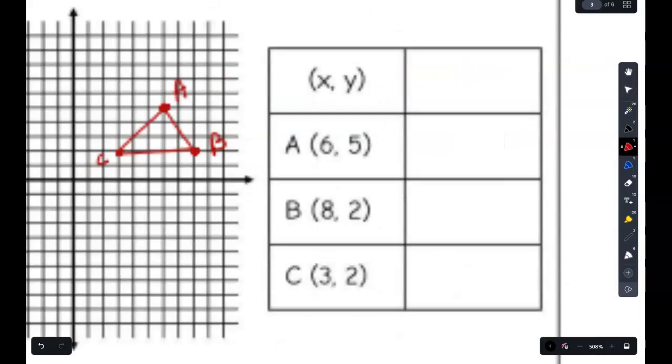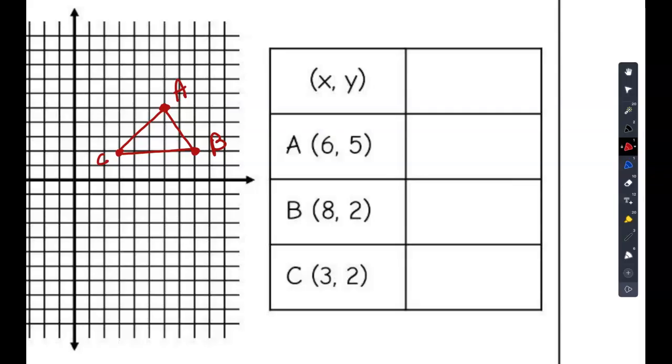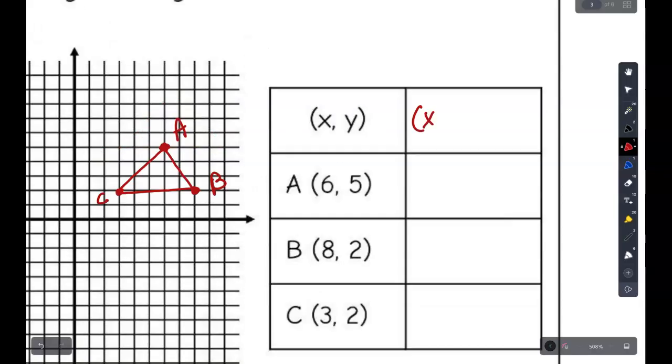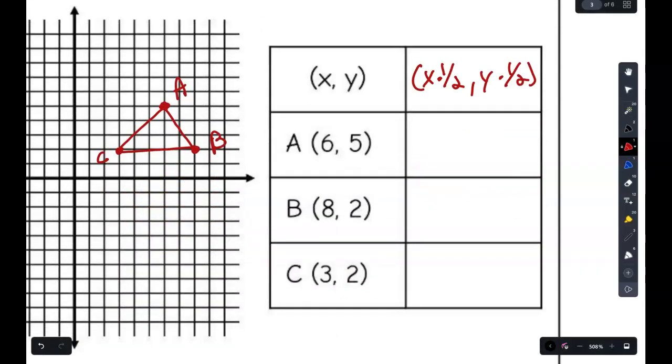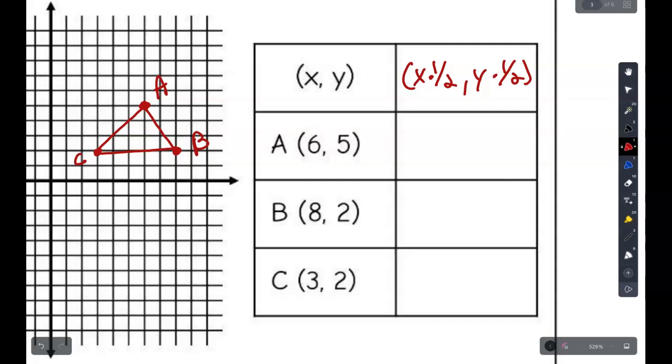All right, now what we want to do is make our new shape where we have X times the scale factor, which is 1/2, and then Y also times 1/2. All right, so let's figure those numbers out first here. Really we're just taking half of it.